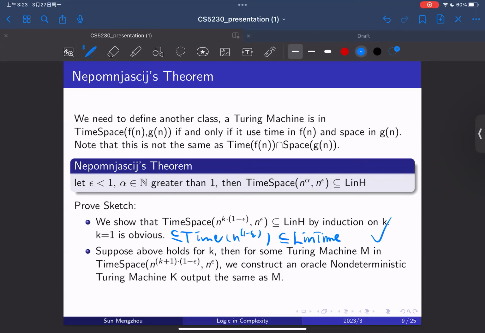And suppose this holds for k, and we want to prove the same thing for k plus 1. So we start with a Turing machine M in this time space. So we want to construct the oracle non-deterministic Turing machine K, which outputs the same as M, with some oracle in the last level, in this level. So how are we going to construct this?